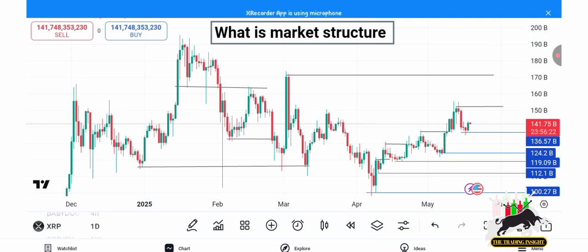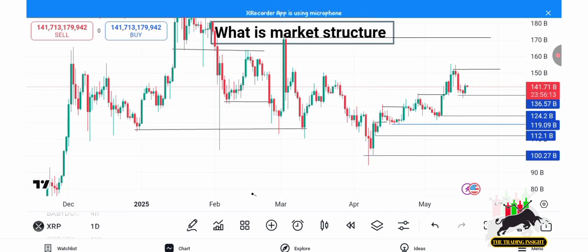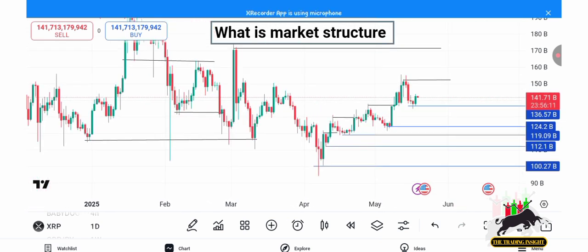So that's it about market structure. It's not too difficult to read. Nothing much. So in subsequent videos, we'll be talking more on market structures and combining them with other confluences.